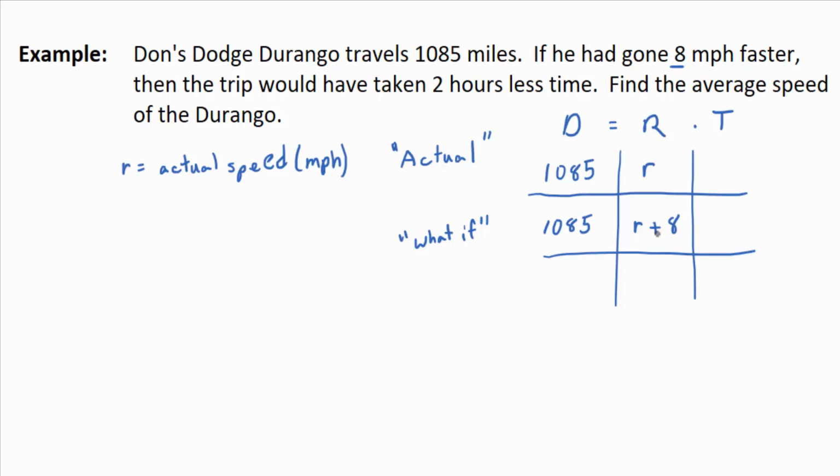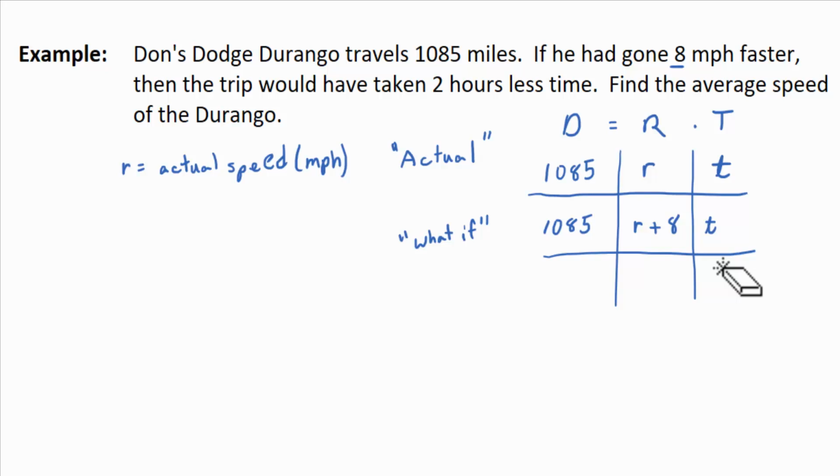Okay, what about time? If we called this guy T, that would mean the actual time it takes. And if you want to keep this guy in terms of T down here, going faster, it's going to take less time, so it makes sense to subtract 2. But just like Cameron was saying, or Ryan, what if you didn't want to do it that way?